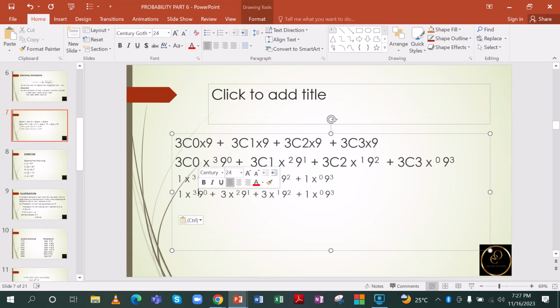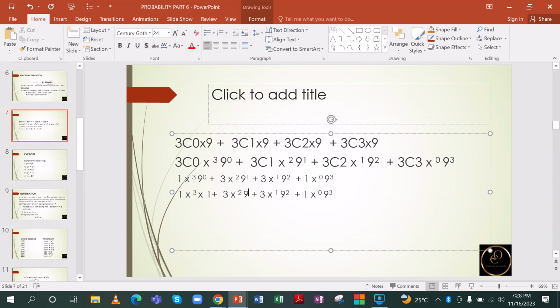So it is the same as multiplying by 1. Then this one, x squared times 9, will be 3 times x squared times 9 to the power 1. This is 1. It will still be 1 here.